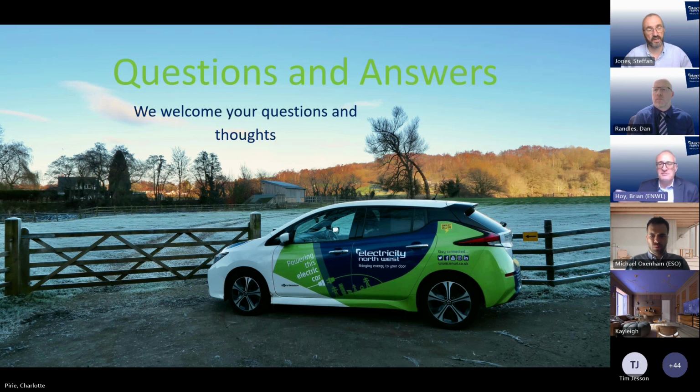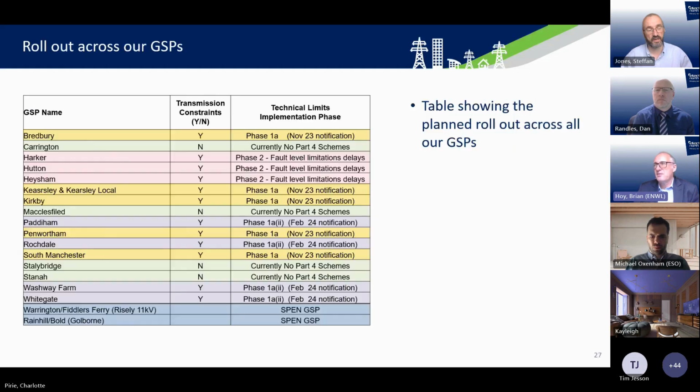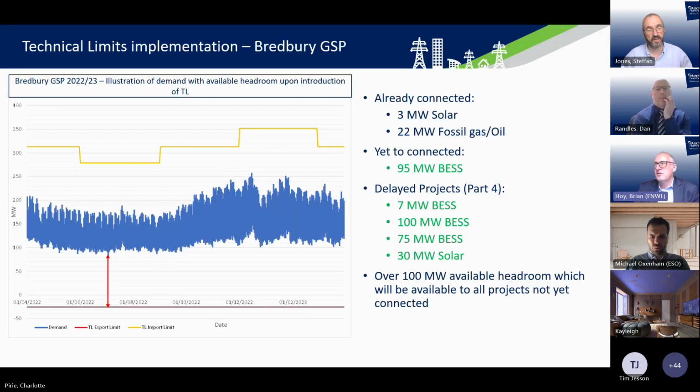So if they connected, say, just next week, then so long as those limits that were on, go back to that slide where we had the pictures, so long as the total export at the GSP never goes beneath that red line, then they can export to their heart's content.